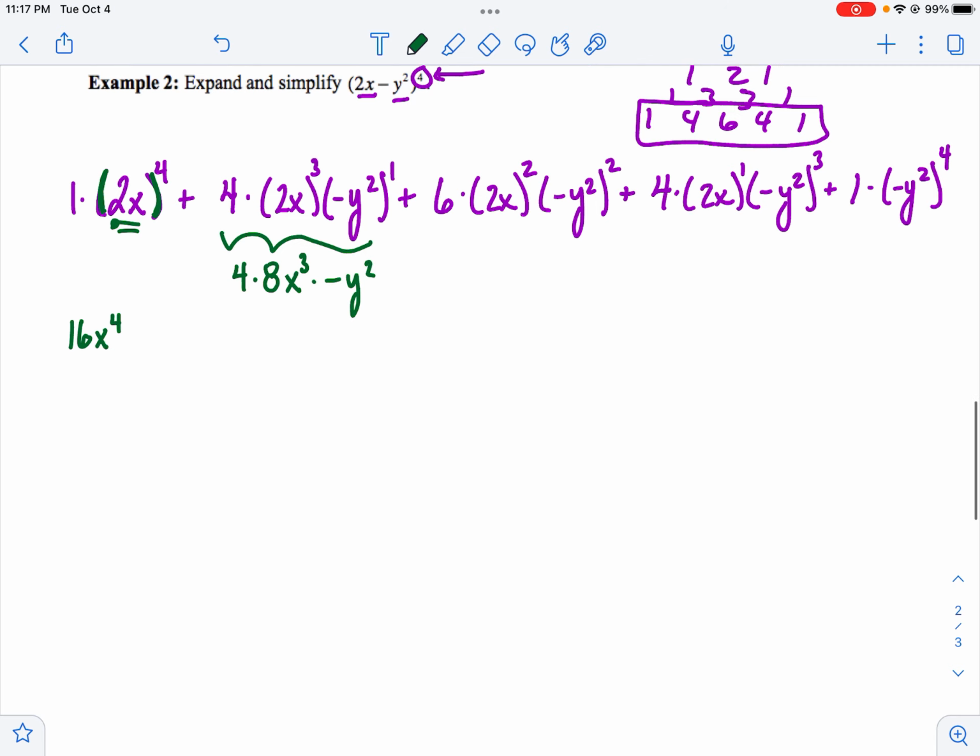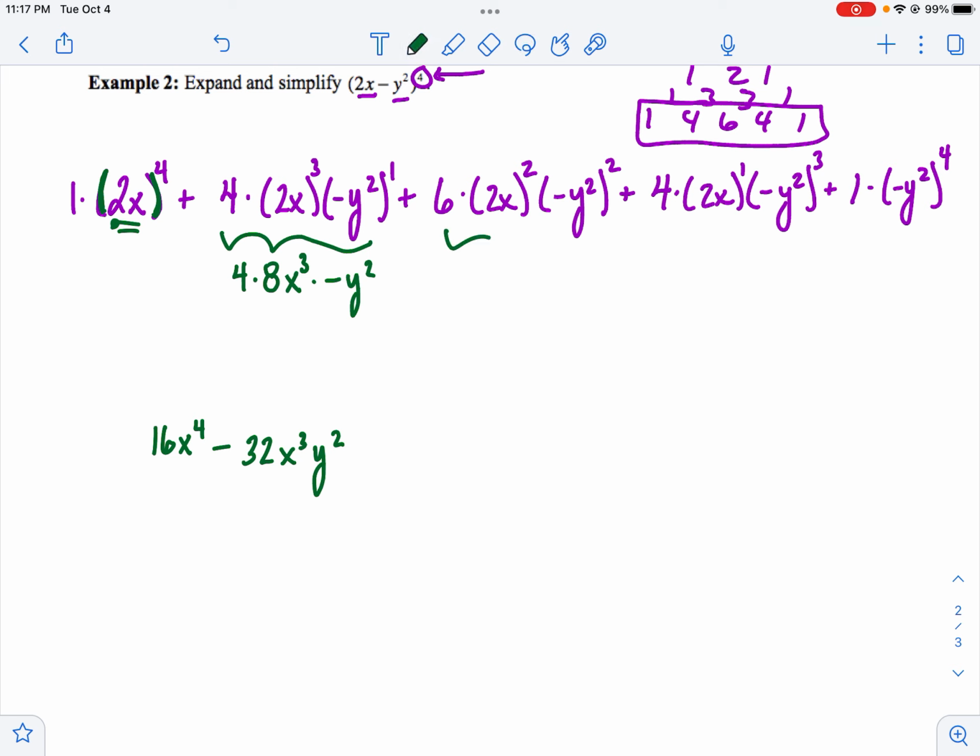So when I multiply the 4 times the 8 and times the negative, it's going to be a minus 32, and then I've got x cubed y squared. Then when I go on to my next one, I'm just going to move this down so it's kind of our final answer.